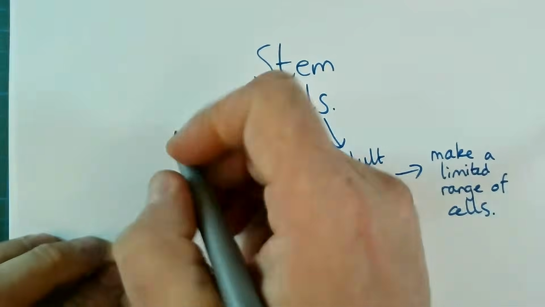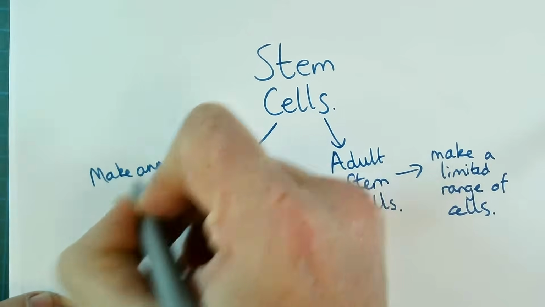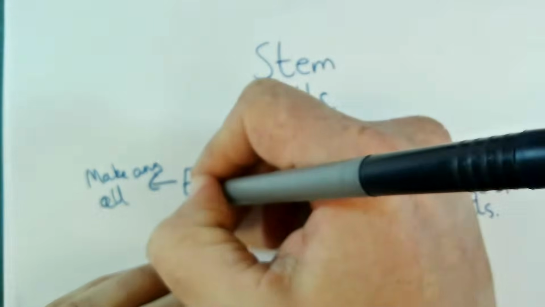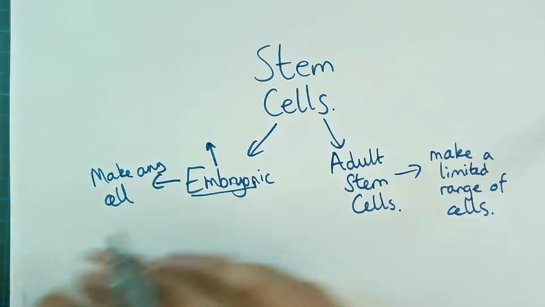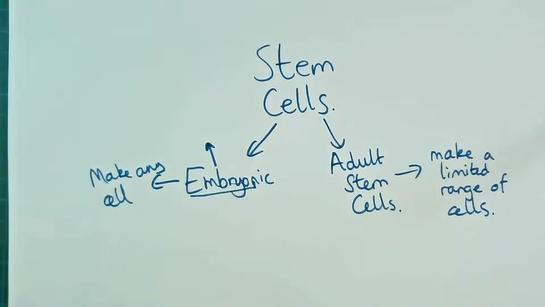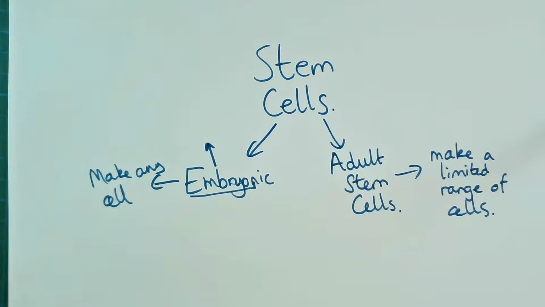Now, embryonic can literally make any cell. Why? Because where's an embryo? That is our developing baby, basically. That's when sperm and egg meet, they've divided a few times. So, of course, it has to make every type of cell because it's going to end up with a baby, which is every type of cell.